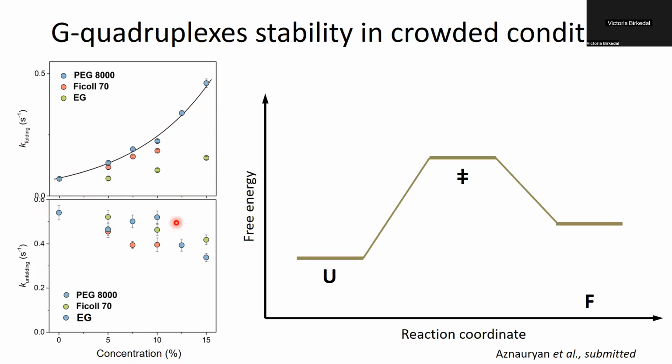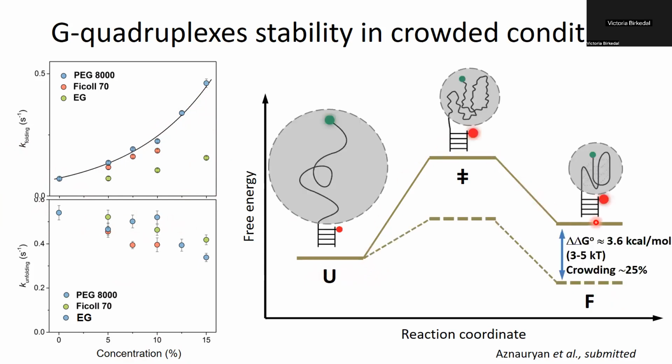And so we explain it by coming from an unfolded state: you need to overcome a barrier towards a folded state. And when we have crowding and we have something that's folded, then this transition state could be a state that's not completely folded, but still much more compact than the unfolded state.